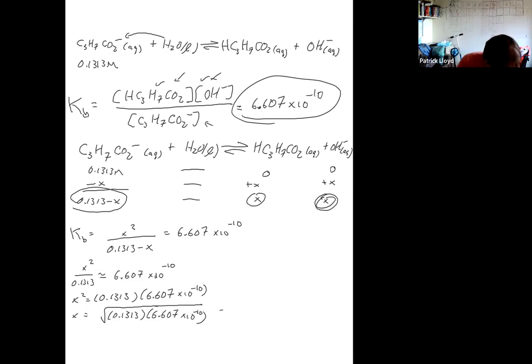Okay, so when you go through that, it looks like you get 9.316 times 10 to the minus 6. So I multiplied the two numbers together and then took the square root. So now, since X is the concentration of hydroxide, I can now find the pOH.